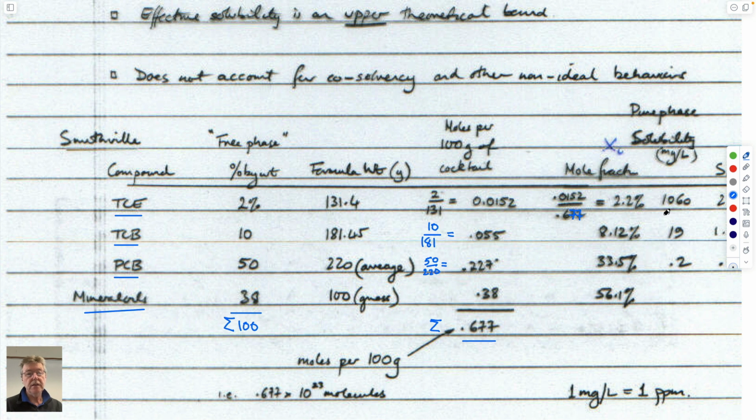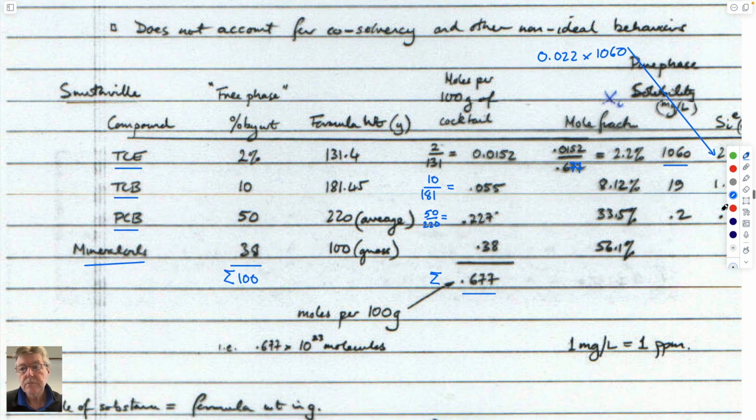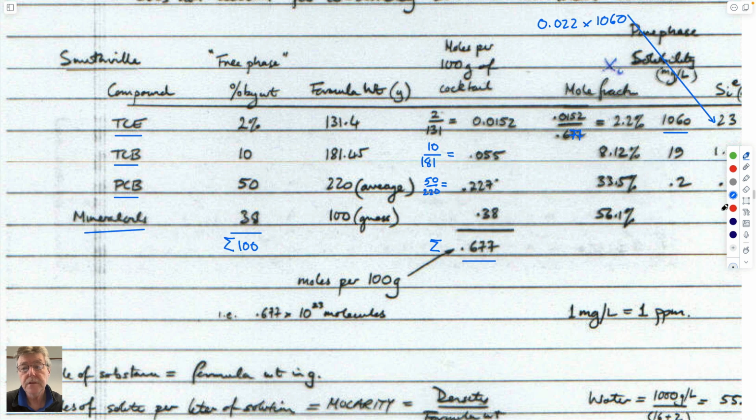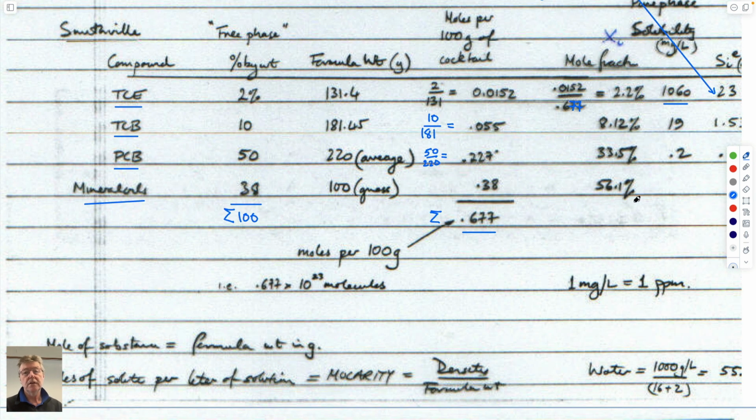The solubility of TCE is 1060 parts per million, milligrams per liter. If you multiply 1060 by 0.022, then you get the number that you can't see here, which is 2.23, roughly. And you do that for the others.